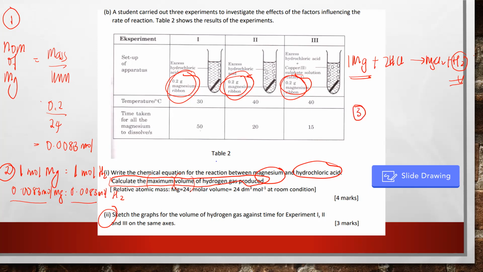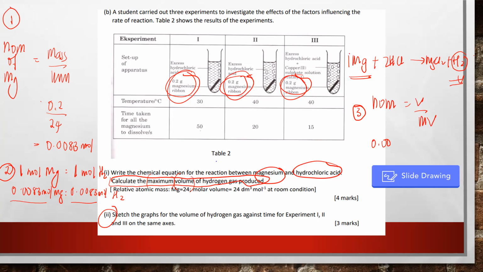Okay, number 3. Now I know the number of moles of hydrogen. How to find the volume of hydrogen gas? That particular value times 24, like that. Correct. So the formula is number of moles equals volume over molar volume. How do we get 1 mole of Mg?